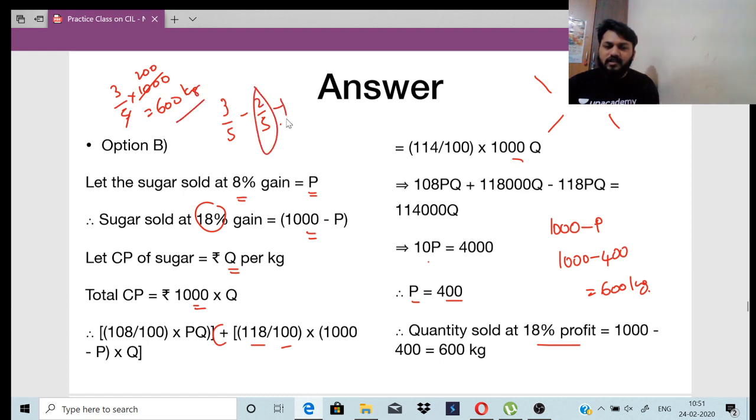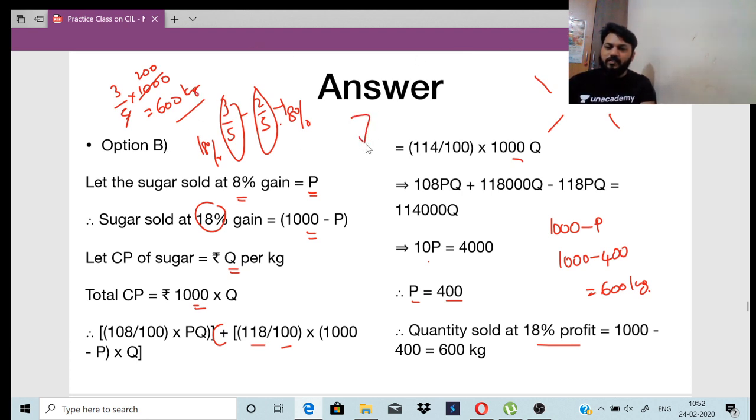So 2 by 5 is the 8% profit, 3 by 5 is the 18% profit. There are totally 5 parts, of which 3 parts are 18% profit and 2 parts are 8% profit. 3 by 5 into 1000, 600 kg.